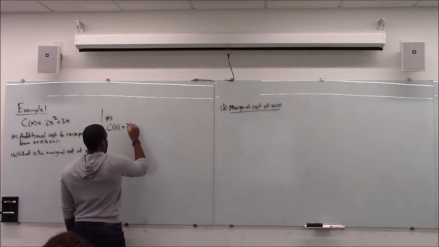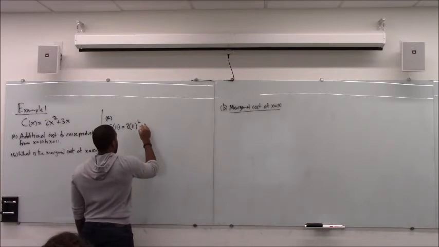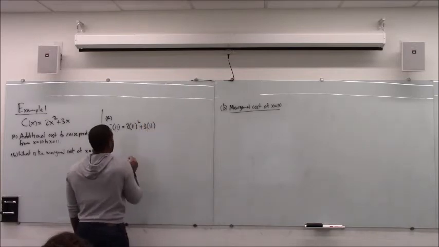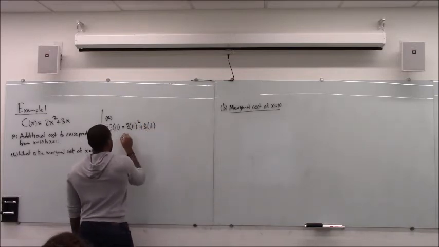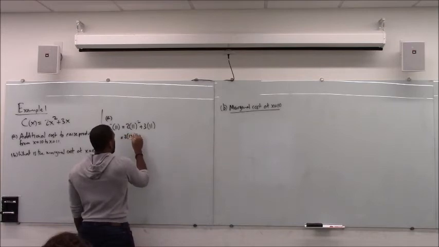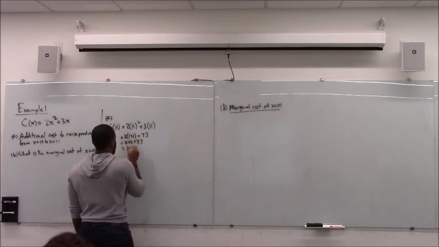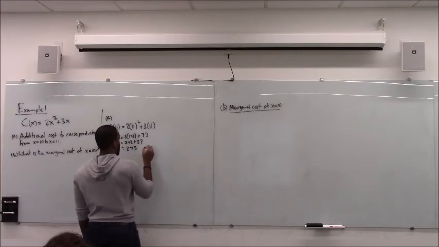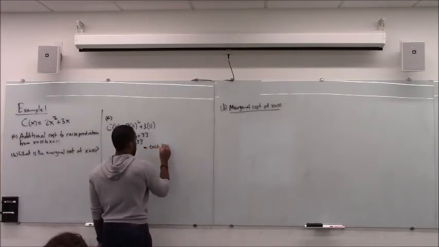That's going to be 2 times 11 squared plus 3 times 11. That's going to be 2 times 121, plus 3 times 11 is 33, 242 plus 33, 275. So this is the cost to make 11.